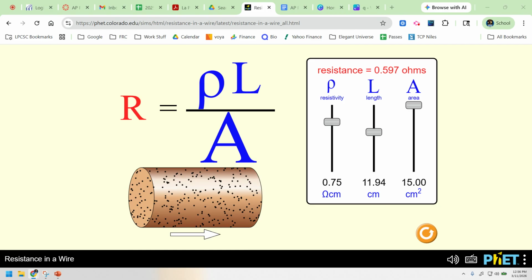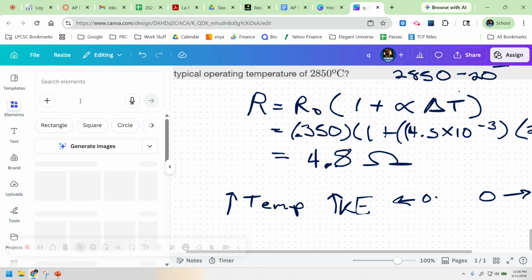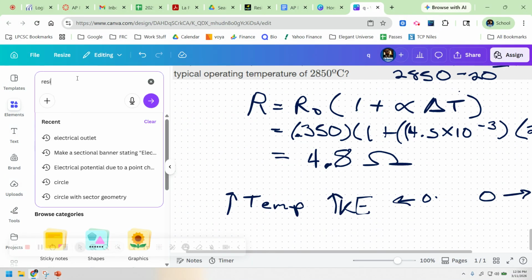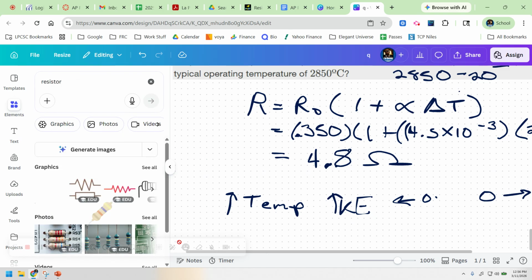And there's other ways that they do this, but let me see if I can pull it up in here. So elements, resistor. There's one.